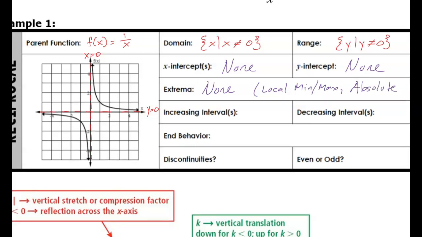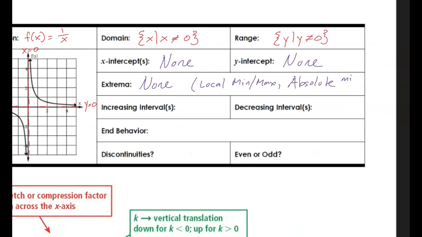What's another word for local? Starts with an R. Oh, no one knows? Relative. Relative, yes. And then what's another word for absolute? Starts with a G. Global. Good.